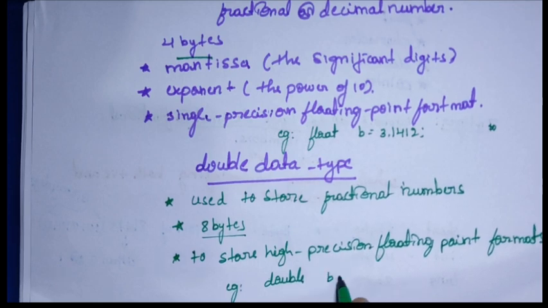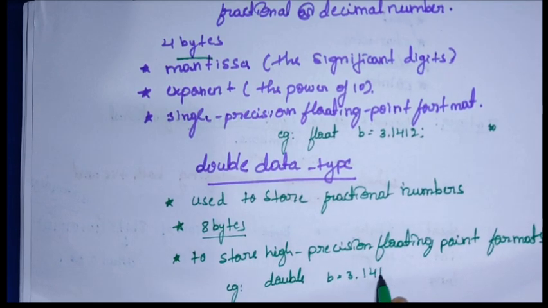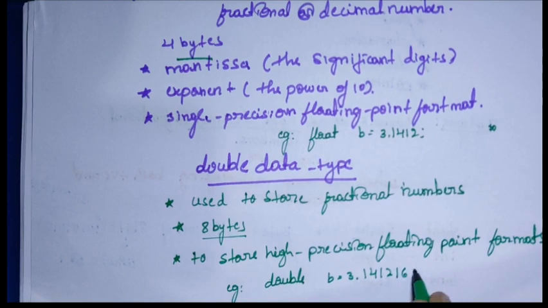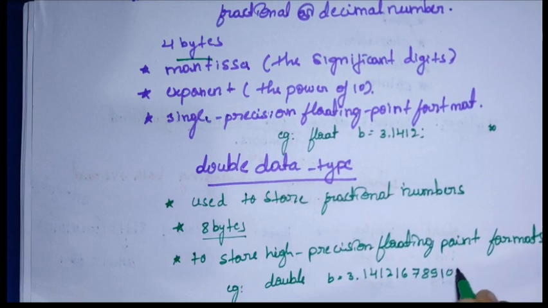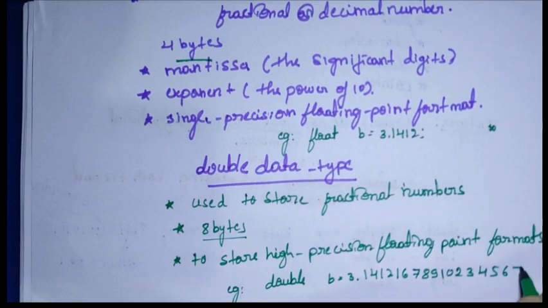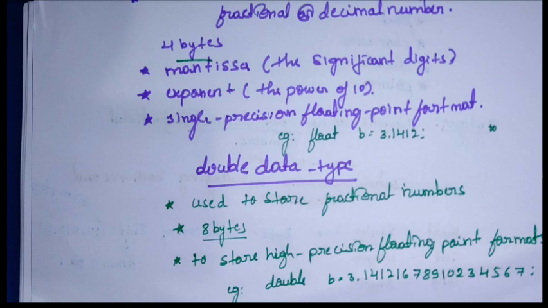Okay, b is equal to 3.1412167891023456 etc. What I am mentioning, like the example of double and assigning a value, is also known as syntax, the way of creating the data types.